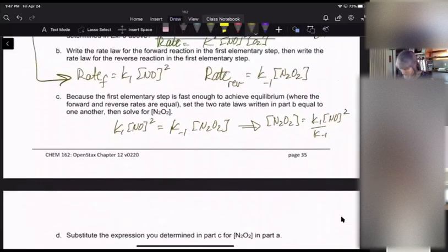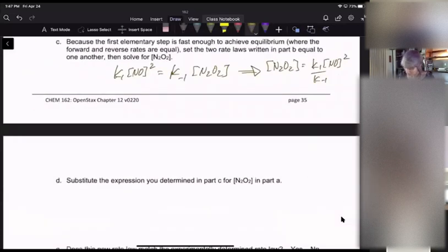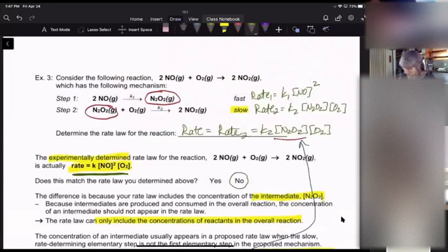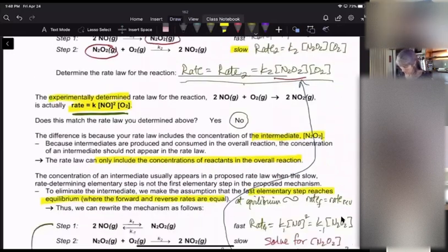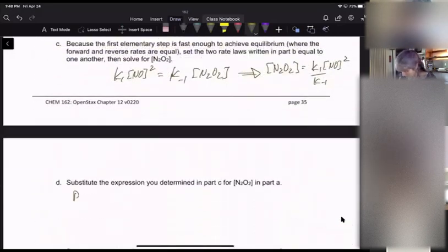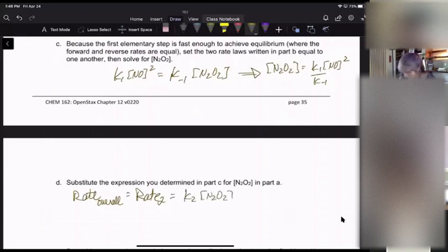All right, so now let's see, I'm going to plug that in to, this was the reaction for the slow step right here. So just looking at the slow step, I'm going to rewrite that one. And then I'll plug that in here.